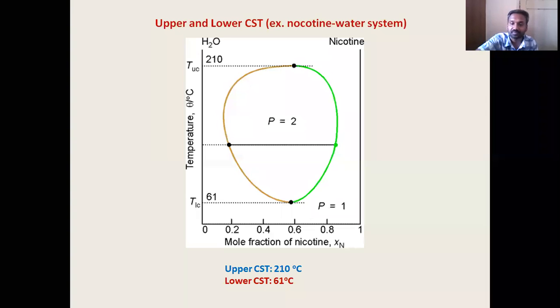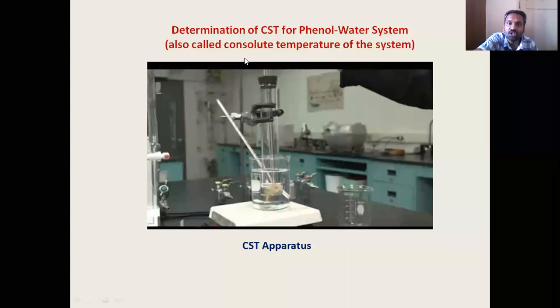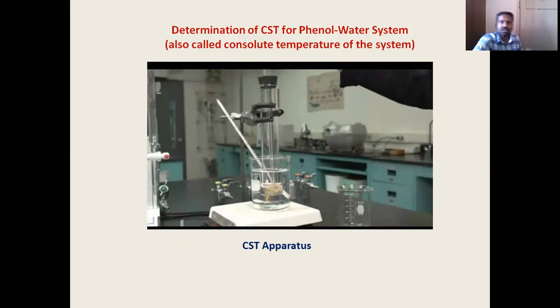Anyway, one small piece of information: the critical solution temperature, CST, is also called consolute temperature of the system. This is one more term which was used in older versions of the books. But nowadays it is the critical solution temperature which is universally used.